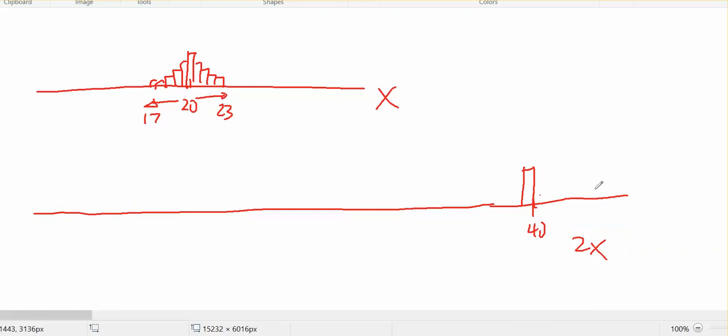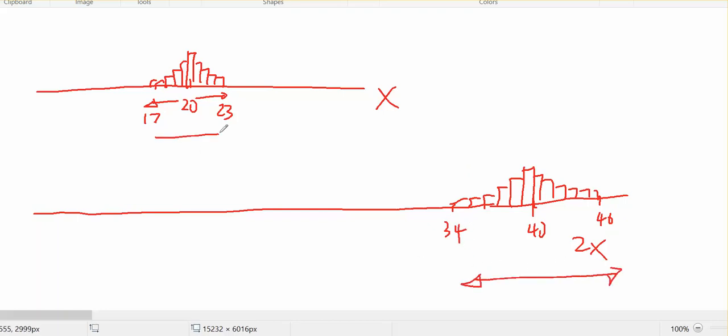But my largest value goes up to 46, and my smallest goes down to 34. Can you see that my spread is much, much bigger than it used to be?